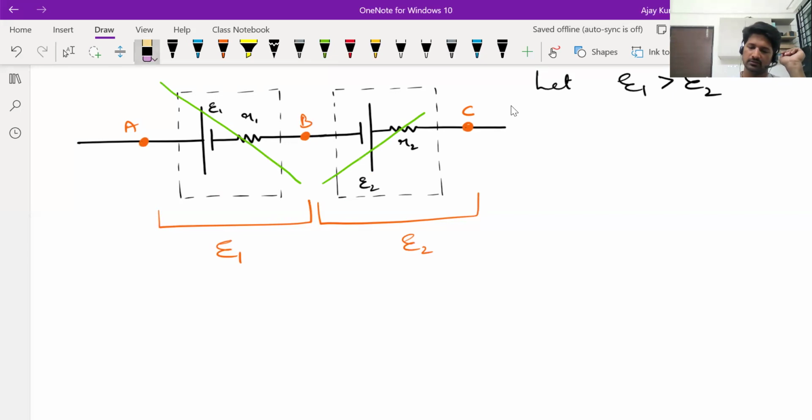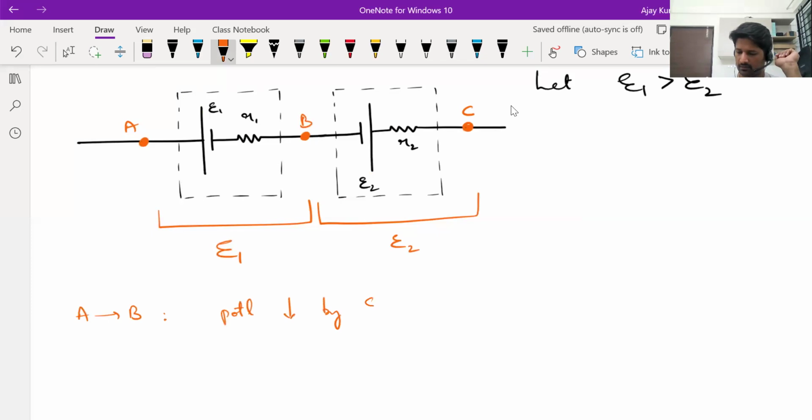Okay. So it is kind of like minus E2. Or if you take that as E2, then this should be taken as minus. So imagine going from A to B. If you go from A to B, the potential decreases by E1. And then from B to C, the potential increases by E2.